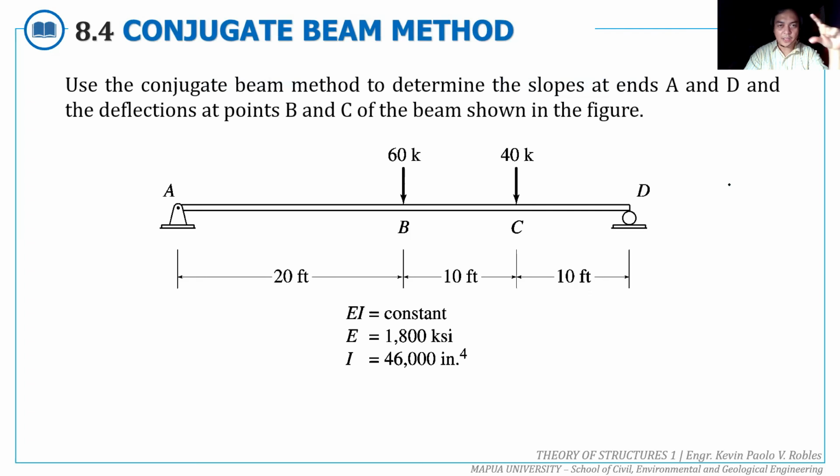Slope and deflection ang kukunin mo. The slope and deflection of the real beam corresponds to the shear and moment of the conjugate beam. So yun yung pagtutugmay mo. Slope, deflection ng real beam corresponds to the shear and moment of the conjugate beam. So magka-connect silang dalawa. Yung slope, shear, okay? Yung deflection, yun yung moment.